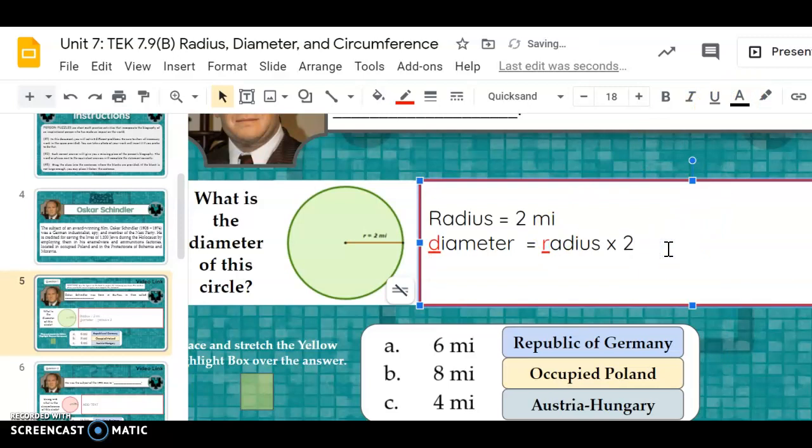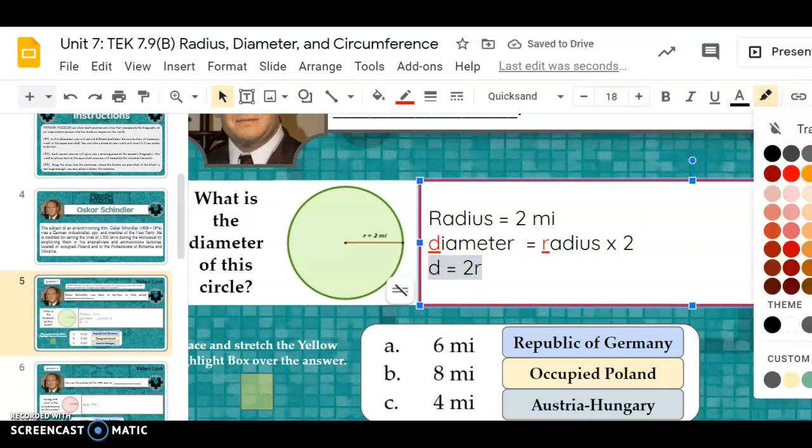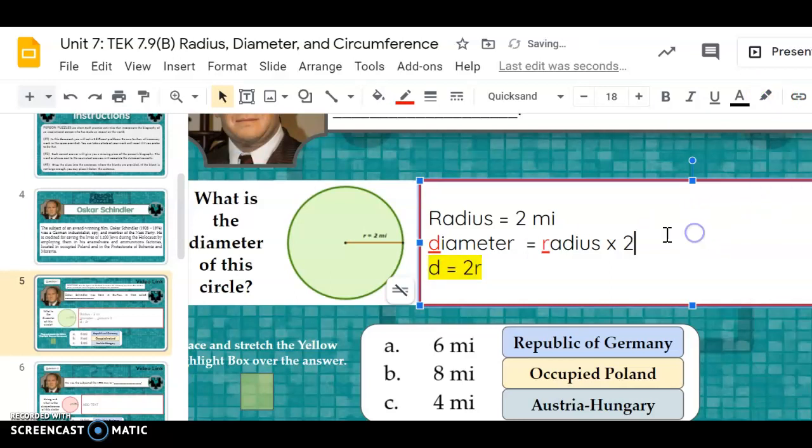So when I rewrite this, it's D equals R, or actually we just put 2R. This is how you will see it written right here like this. I want you to recognize that. You do not need to write all this stuff. I'm just trying to teach you that this is the formula. D equals diameter. R equals radius. This 2 next to the R means I am multiplying.